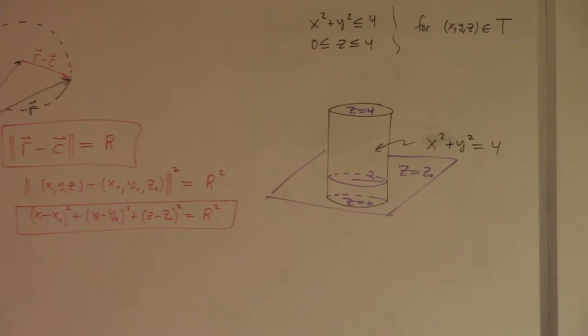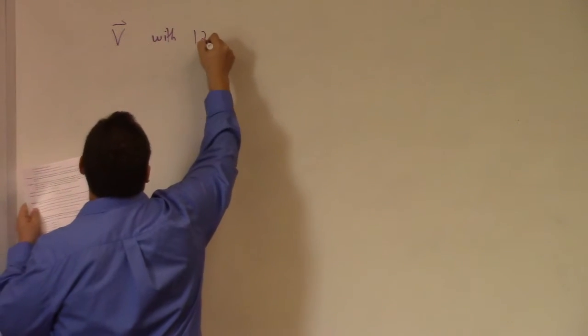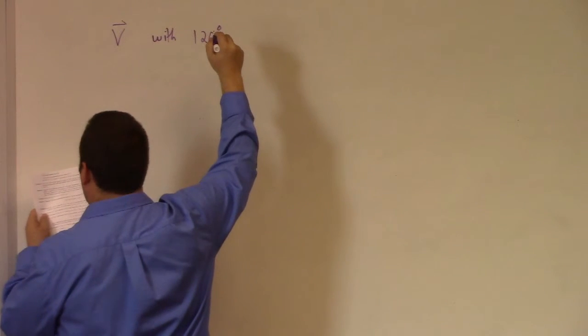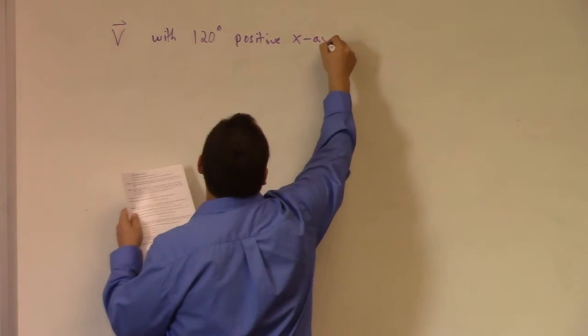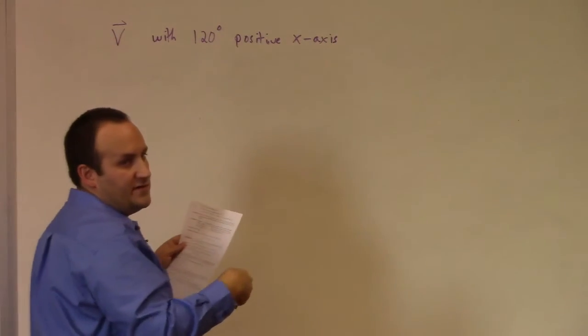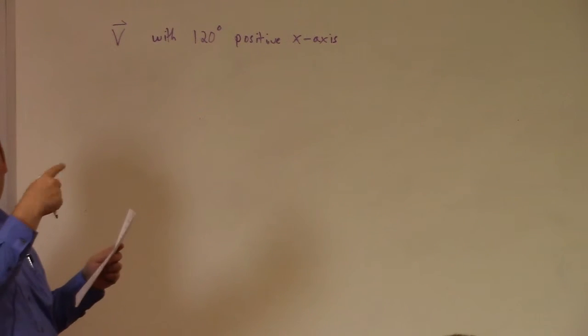Let V be a vector. So you've got V is a vector. It makes a 120 degree angle with the positive x-axis. All the direction angle stuff I just erased, it's all for positive axis, by the way. So that would be the so-called direction angle with respect to the x-axis.